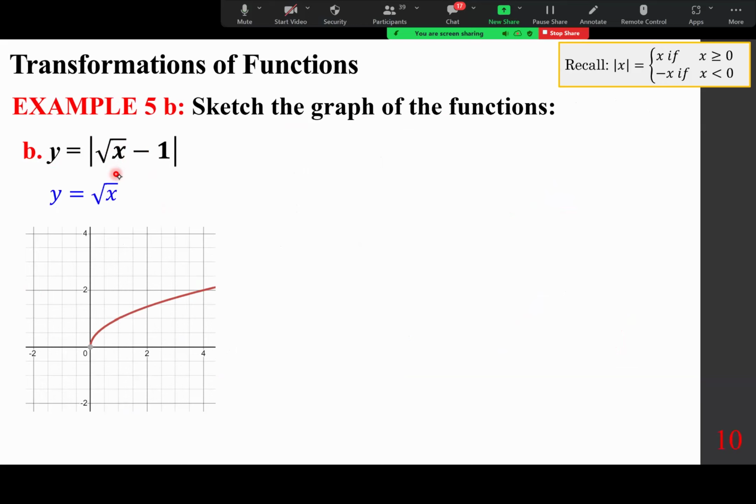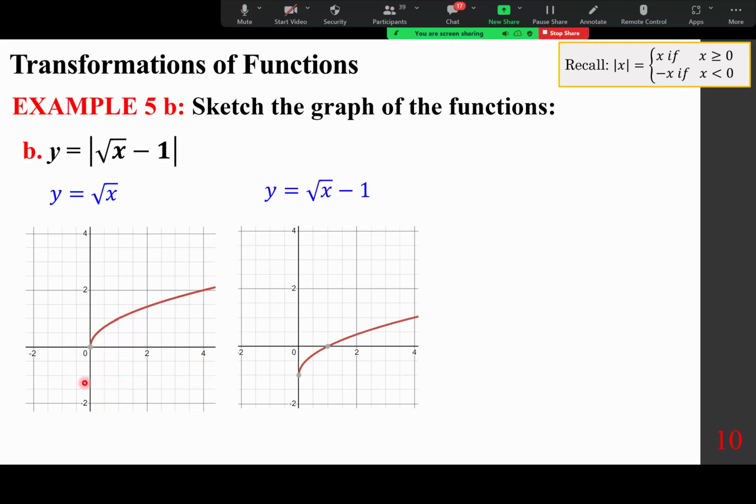So, for example, this is 1, 1, this is 4, 2, we have 9, 3, and so on. The next one is square root of x minus 1. It's the same graph, but we bring it down by 1 unit. So same graph comes down by 1 unit.